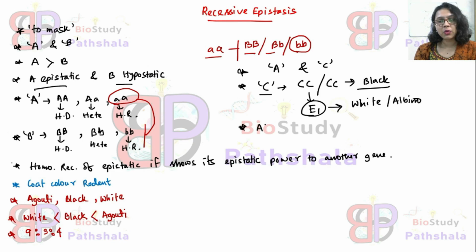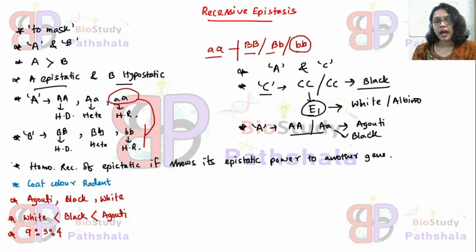The A gene product, for example capital A, that is the homozygous dominant condition and the heterozygous condition of A gene, shows the agouti coloration, and the precursor of these two genotypes is black, and the product of these two genotypes is the E2 enzyme. That means the precursor of the E2 enzyme is black, and black can be transformed to agouti through the activity of the E2 enzyme.